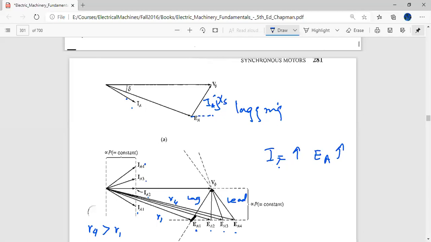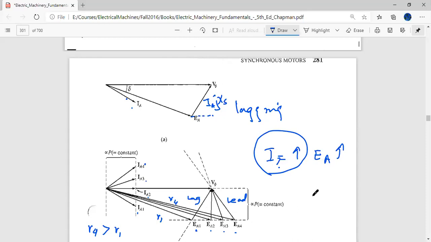From here, it is a lagging power factor as the IA jX axis is swinging in this direction. And over here, the IA jX axis is swinging backward. So the motor has turned into a leading power factor from a lagging power factor. So as IF is increased, the machine's EA is increased. And that's why we say over excitation and under excitation, because we are actually changing the field of the machine.